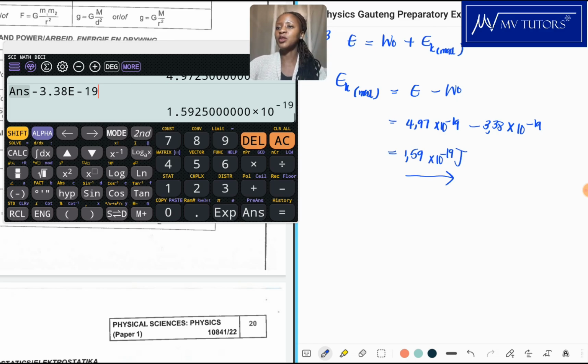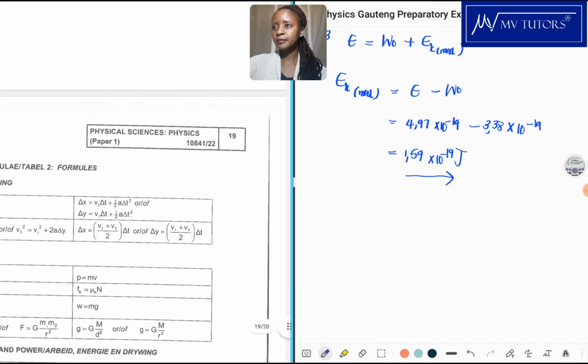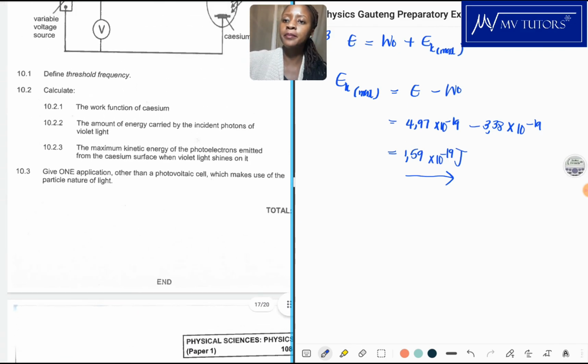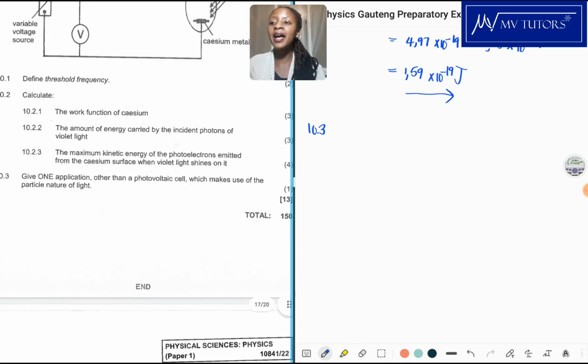Okay, and then what do we have next? Last question, 10.3. The practical application. It says give one application other than a voltaic cell which makes use of the particle nature of light.